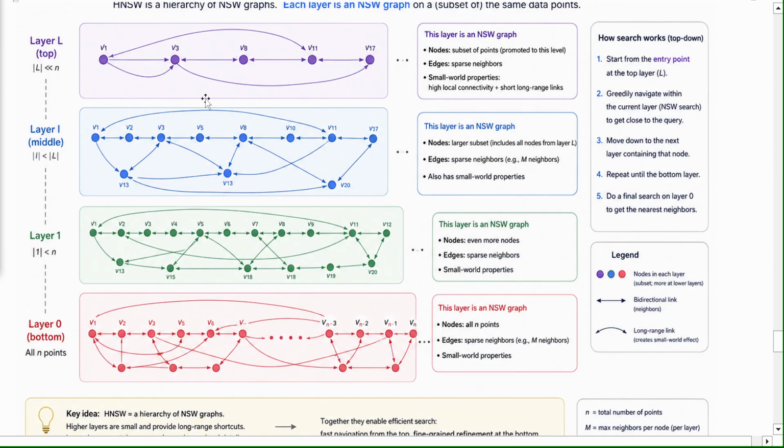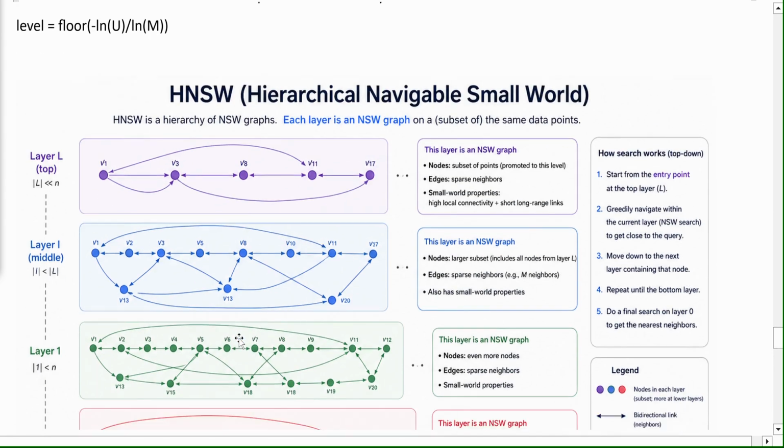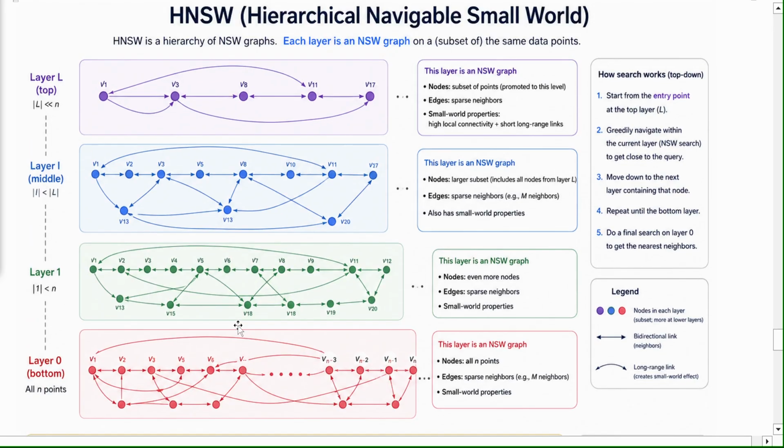Now, similar to that, in top level we have less number of nodes, and in bottom level we have more number of nodes, and this increases gradually. And in what rate will it increase?